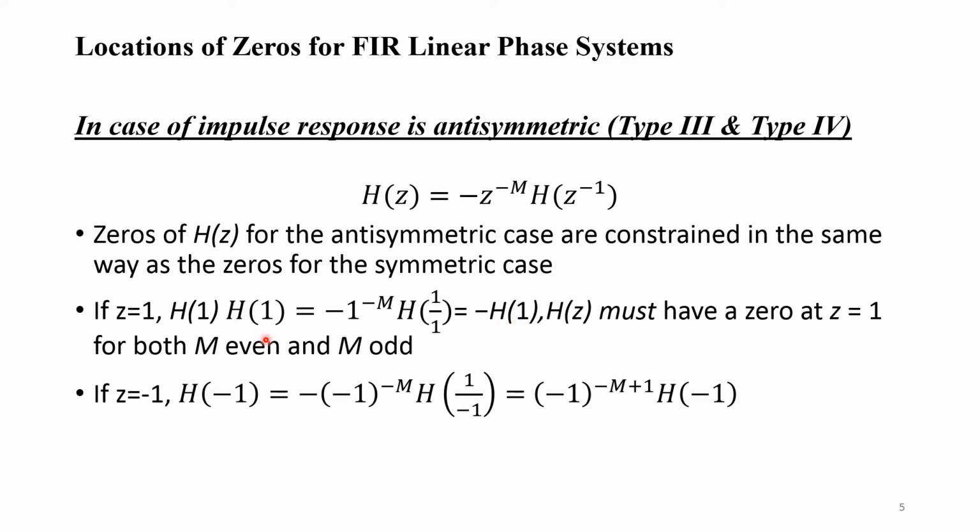So H(1) equals minus H(1), which means the only possibility is that H(z) must have a 0 at z equals 1, irrespective of whether M is even or odd, because of the minus sign here it will always result into minus 1. So we can straight away write that H(1) equals minus H(1).